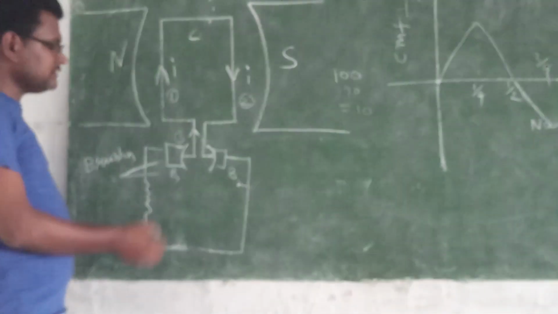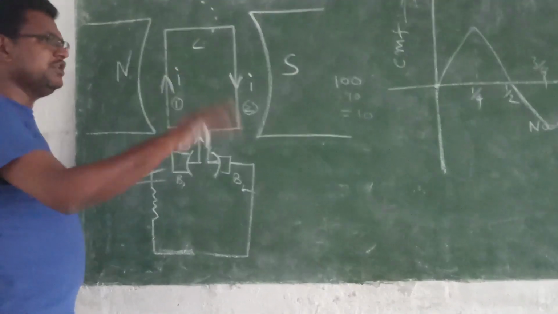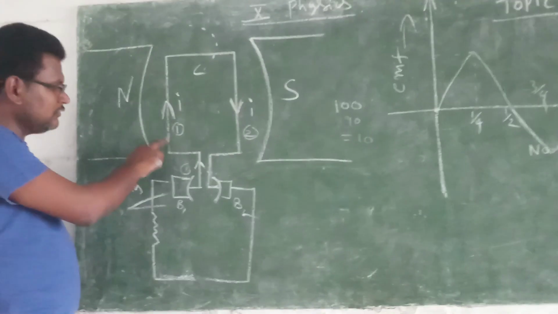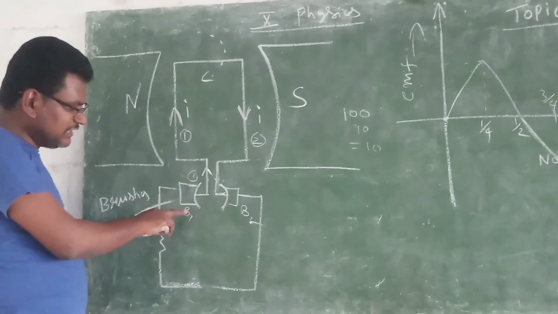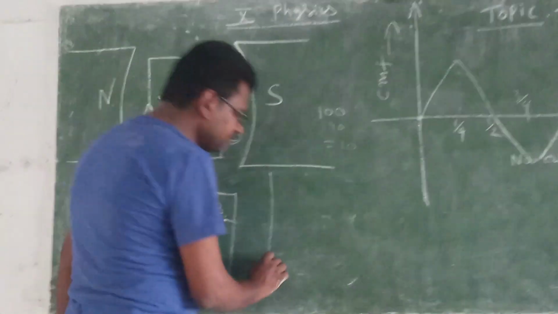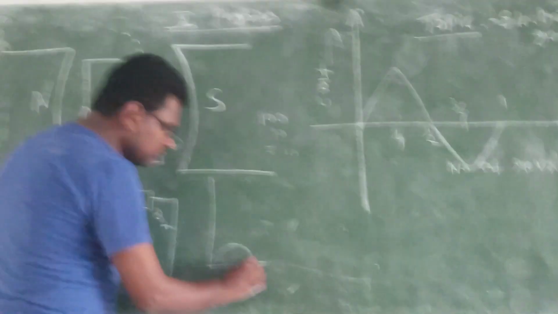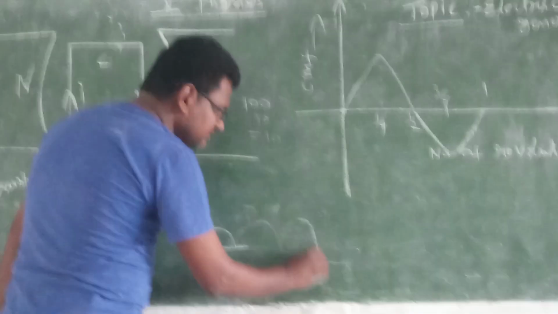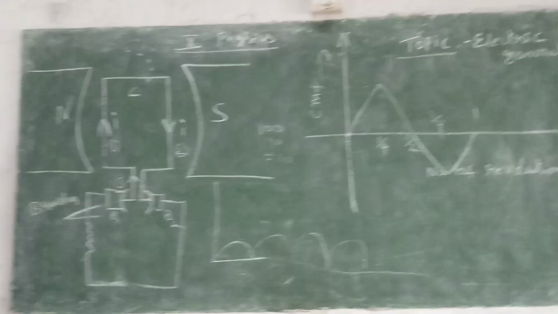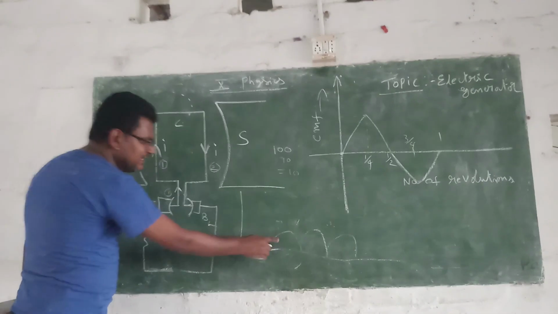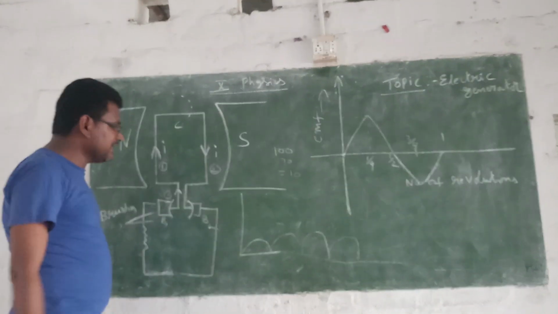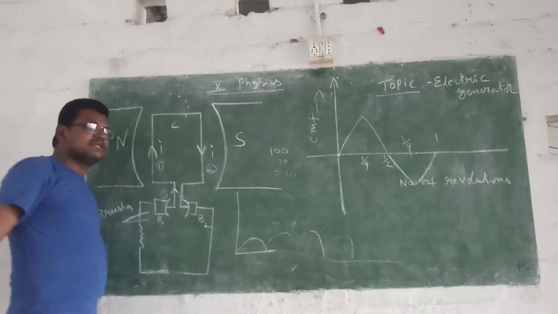For both rotations, the flow of current through the wire which is in touch with brush B1 is the same. So in this way the current direction is always the same, there is no change in the current direction, and this is a direct current.